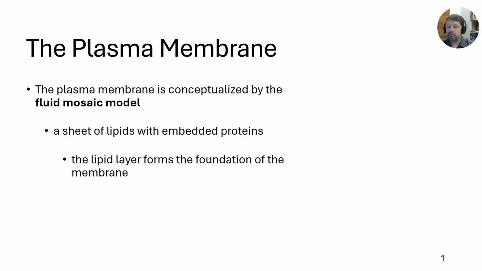And it is a phospholipid bilayer. So there's actually two layers, and I'll show you a picture here in a second of those lipids and proteins that are associated with it.